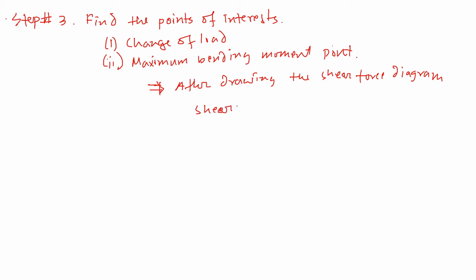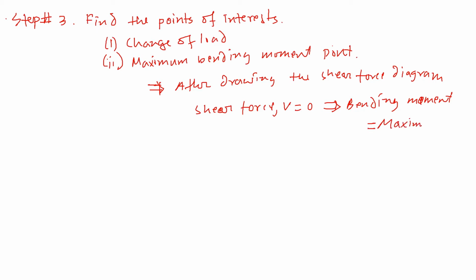So at 0 shear, V is 0, bending moment is max at that point. We can find that later on by calculation. This is used as a rule: shear force 0 means bending moment is maximum.